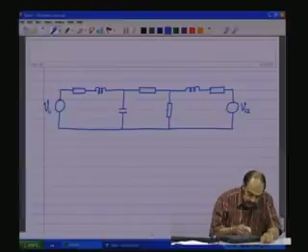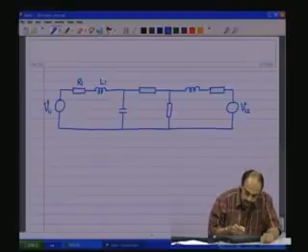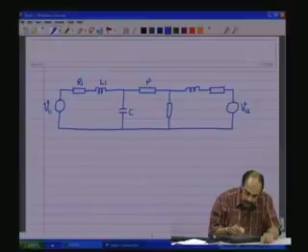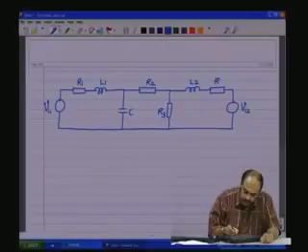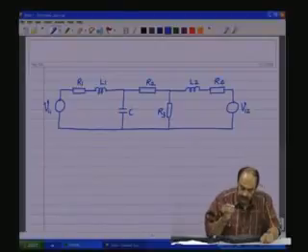We have R1, this is L1, this is C, R2, R3, L2, R4 and the source VI2.